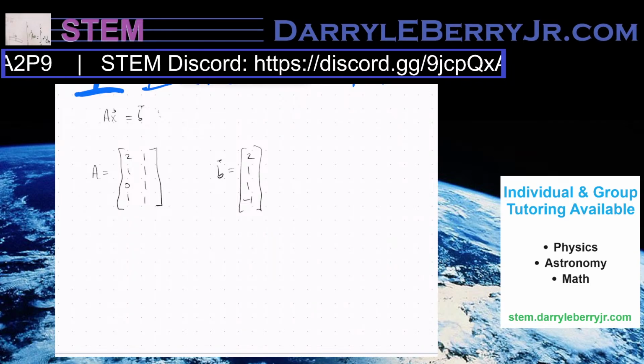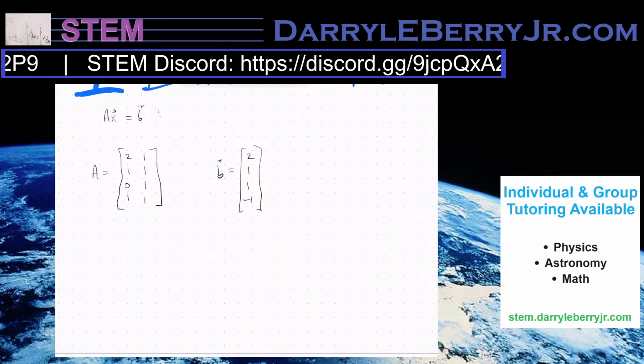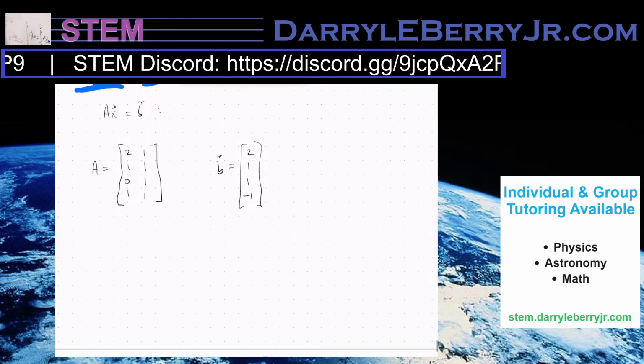As the reader can check, B is not in the column space of A.